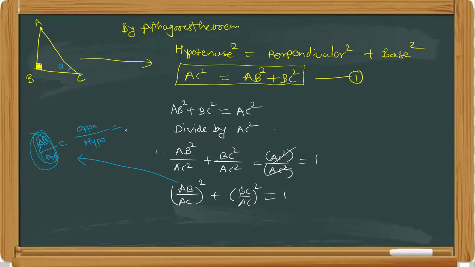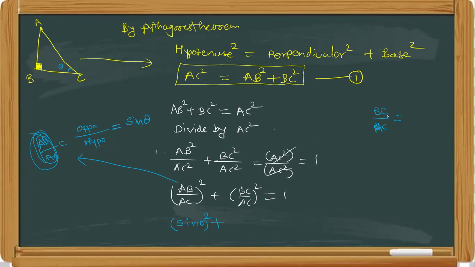Then this ratio will be called opposite upon hypotenuse. In trigonometry, that is sine theta. So instead of AB upon AC, let me write sine of theta, in brackets with the square. Now I'm moving towards the next term. It is the ratio BC upon AC.